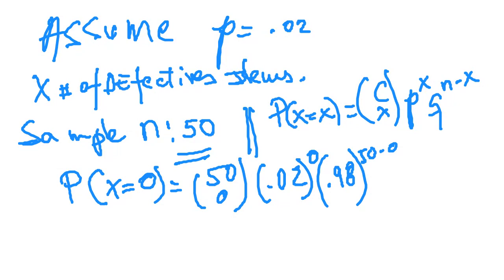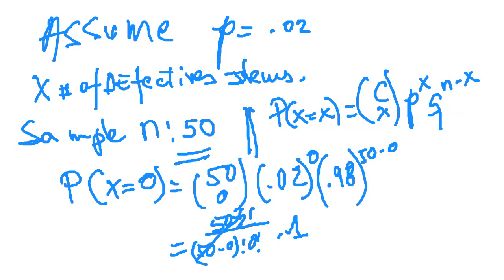The combination is 1, because it's 50 factorial over 50 factorial times 0 factorial. The p term is also 1 because it's to the 0. So the probability is 0.98 to the 50, and that is a very small value.